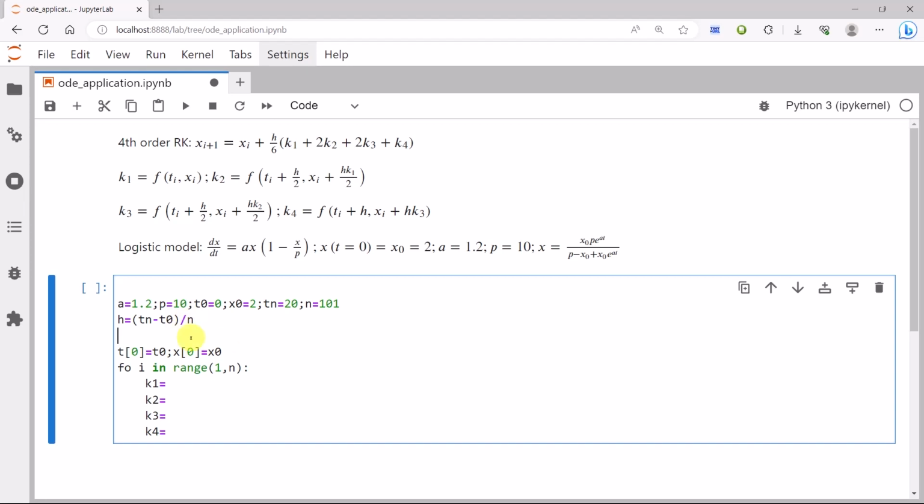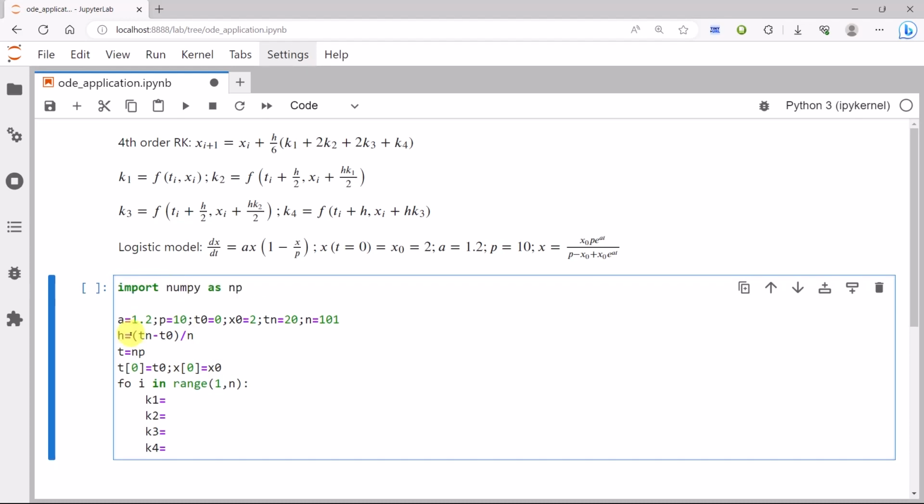All right. So now we have to make t and x to be arrays. To get arrays, we have to import numpy. T equals np zeros, so I am initializing with 0, and this is n, and the same will be for x as well, that is np zeros. Now we need another array that will give us the exact solution.